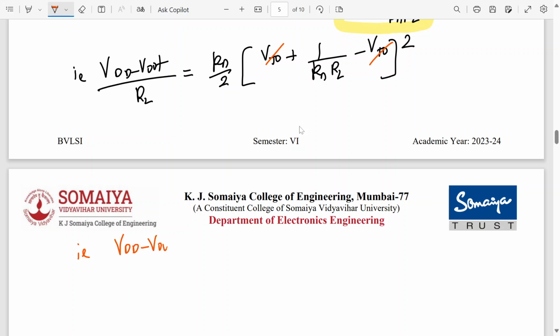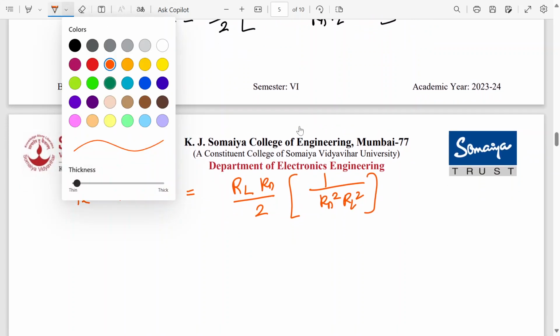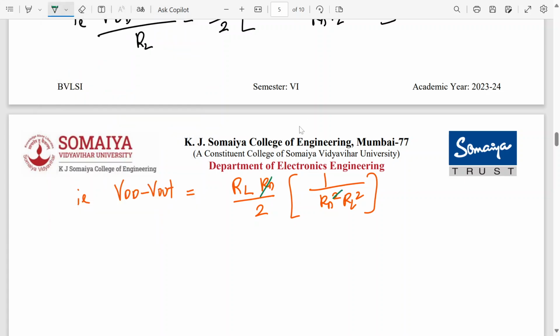VDD minus V out is equal to, here we can shift the value of RL. So RL will come in the numerator now, RL into Kn we can write, correct? VDD minus V out is equal to RL into Kn by 2, and here we have 1 upon Kn square RL square. Okay. So definitely some of the terms will get cancelled out now. Kn square gets cancelled with Kn.